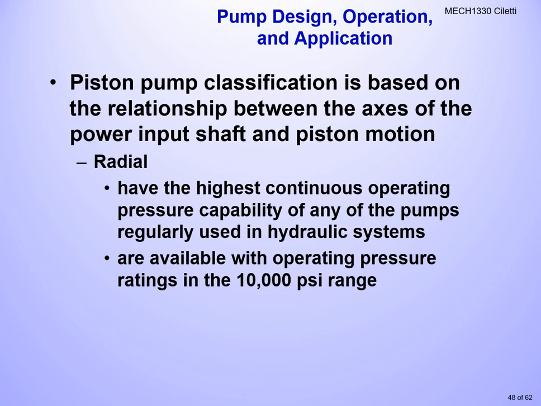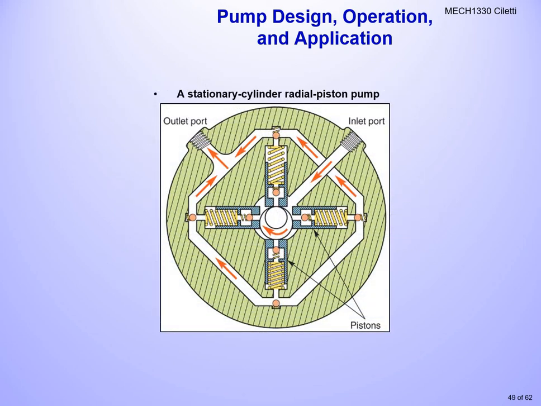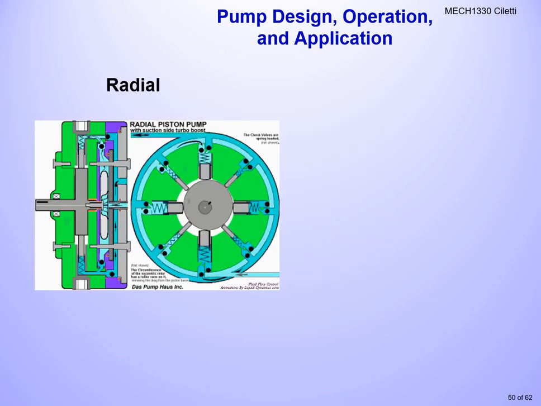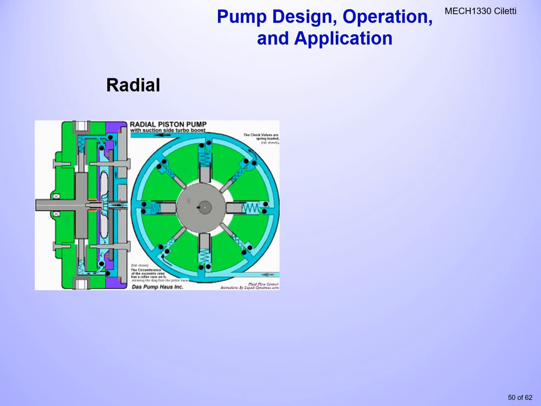skipping over this slide a little bit, same kind of concept of stuff we've already talked about. So as we can talk about this and see how everything rotates around here, you can see where the pistons are and how they extend and retract, where the inlet port is and the outlet port, and how they all work together to push everything through the system. So this is what it's really looking like in a radial system here.